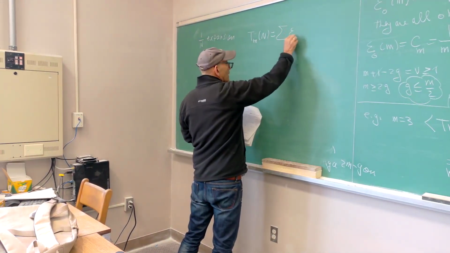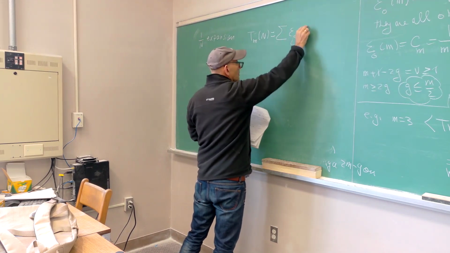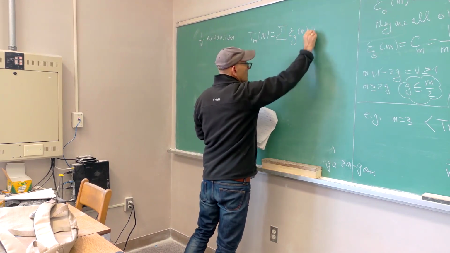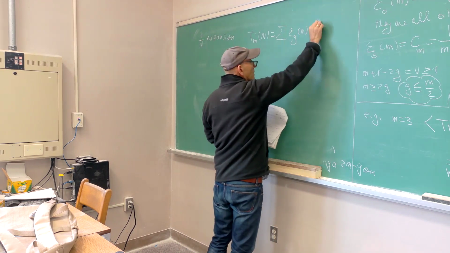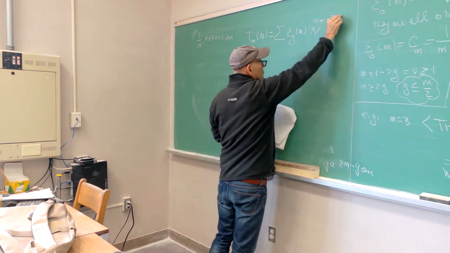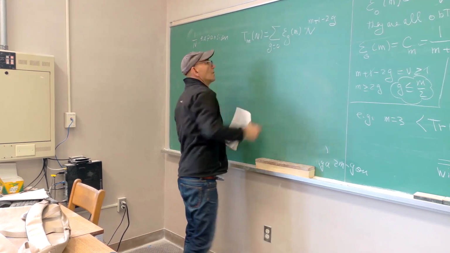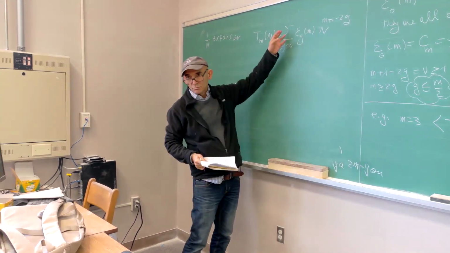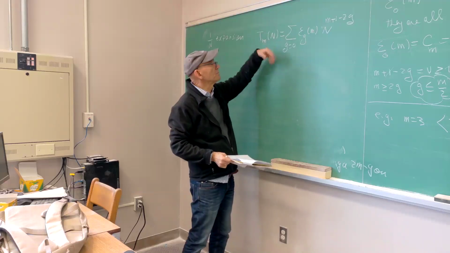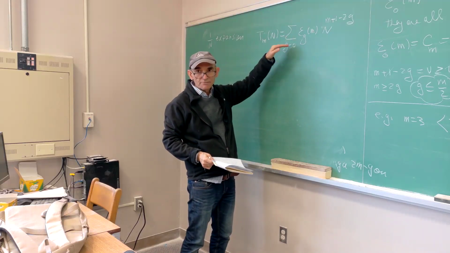Sum of epsilon_g^m n to the power m plus 1 minus 2g. This g goes from 0 up to some finite amount. I can write infinity, but that doesn't matter. It just stops at a finite place. It's a finite sum.